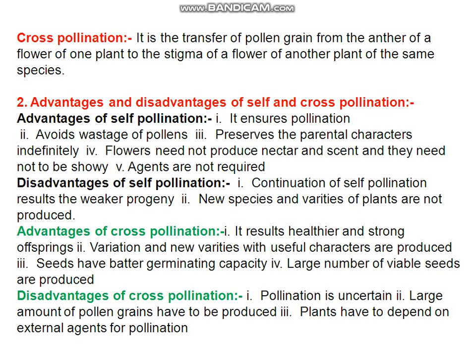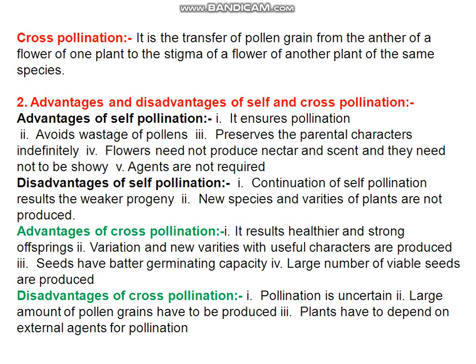Now advantages of cross-pollination: it results in healthier and stronger offsprings. Then variation, because it occurs between two plants of the same species. That is why there is a chance of variation. Variation actually brings new species. So variation and new varieties with useful characters are produced.